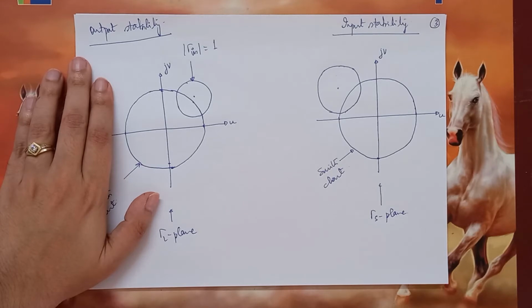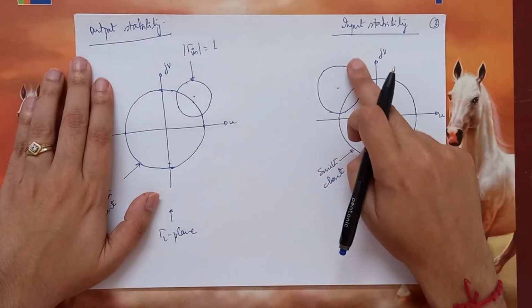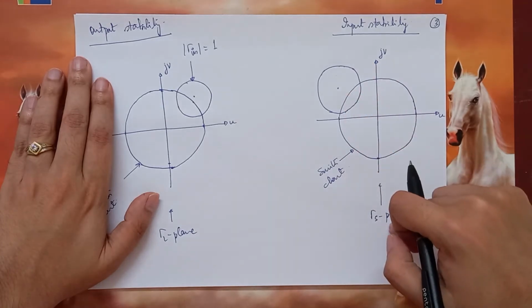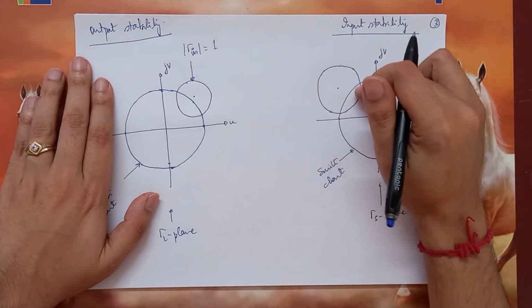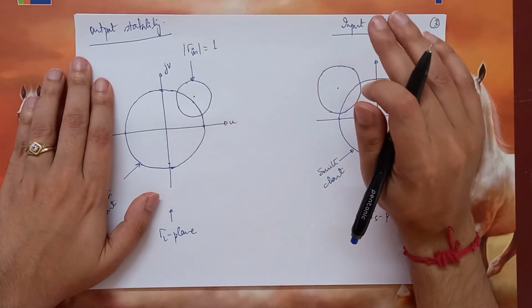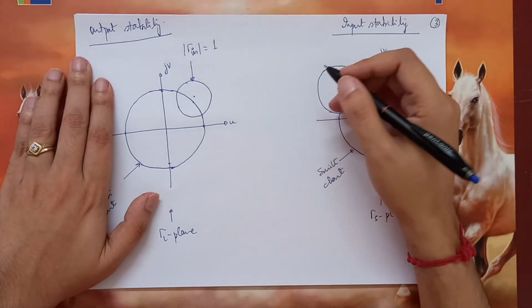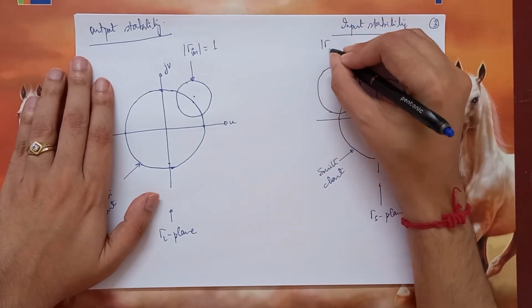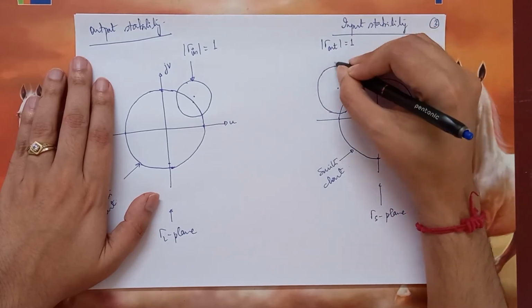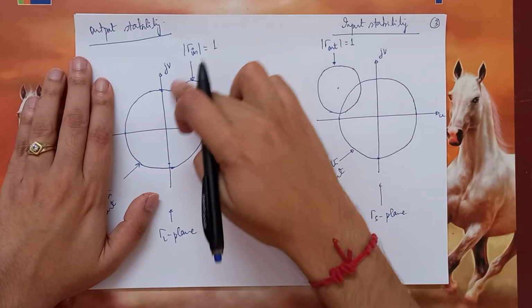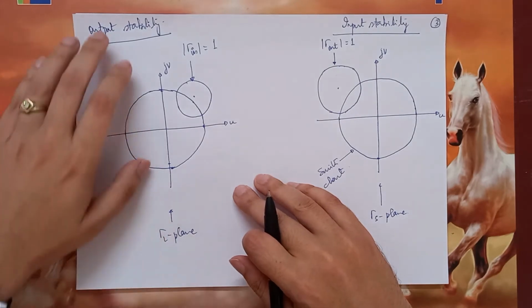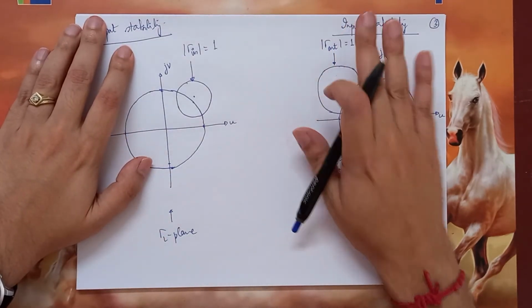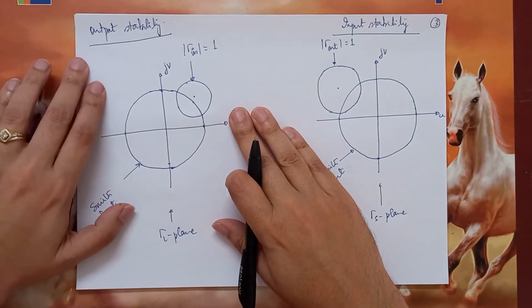Similarly, we arrived at this circle, a circle on the gamma S plane with center CS and radius RS, by considering the marginal stability on the input side, that is mod gamma out equals 1. And this trajectory indicates just that: the marginal stability in each case, whether it's input or output.